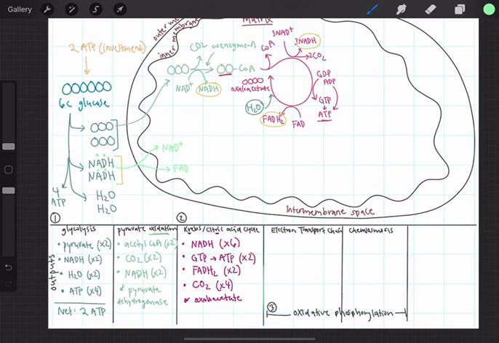If both of these pairs of electrons are accepted by NAD plus, that gives you NADH, and you would have 2 molecules of NADH. If both of these pairs of electrons are donated to FAD, that would make FADH2, and you would have 2 molecules of FADH2.